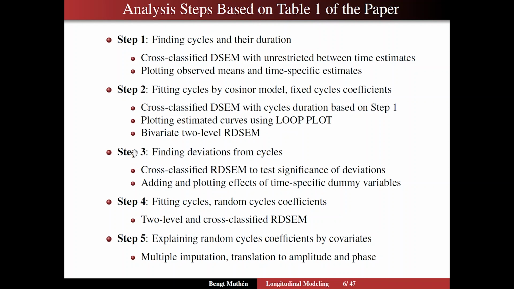Now, cross-classified DSEM is again very useful for testing which deviations are significant in a very simple fashion. I'm going to show you how to do that. And then you can add model components that capture those deviations, that account for them, and you plot that together with also time-specific dummy variables that can be added.